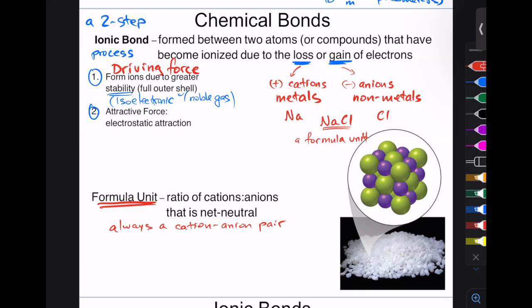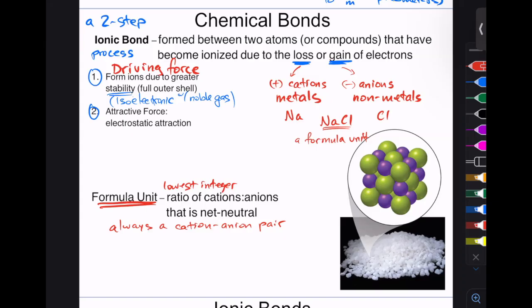I should put that in here as well. It's the lowest integer ratio. So for sodium chloride, what's the ratio of sodium ions to chloride ions? It's 1:1. You can see that right there in the formula unit.